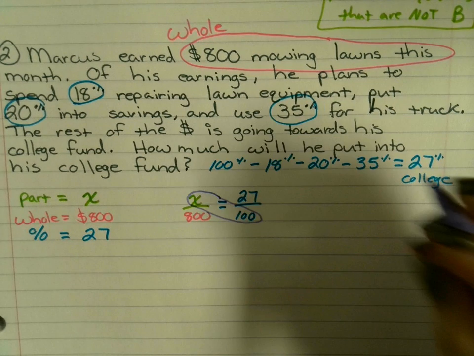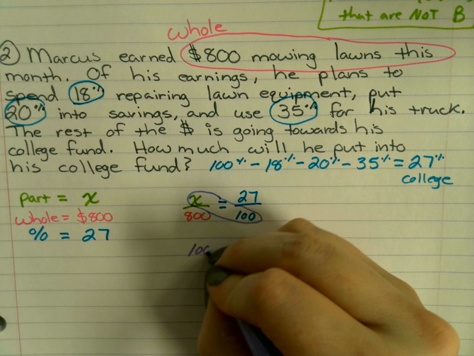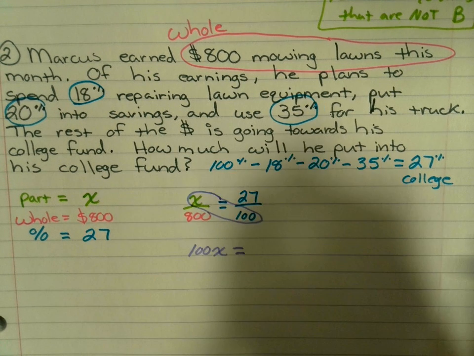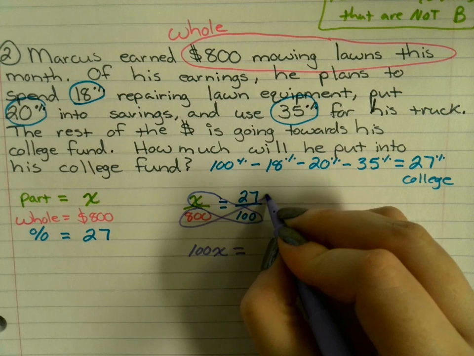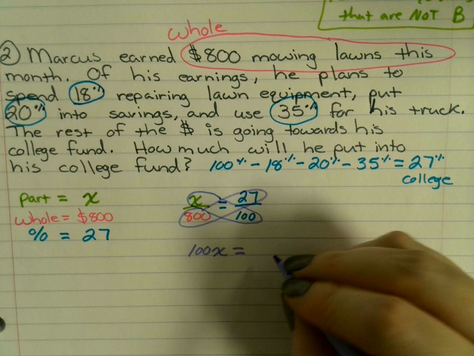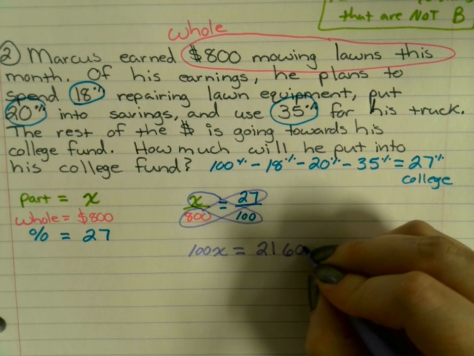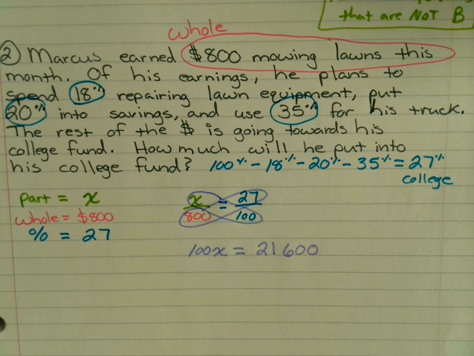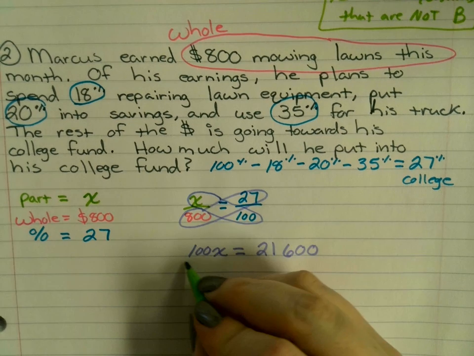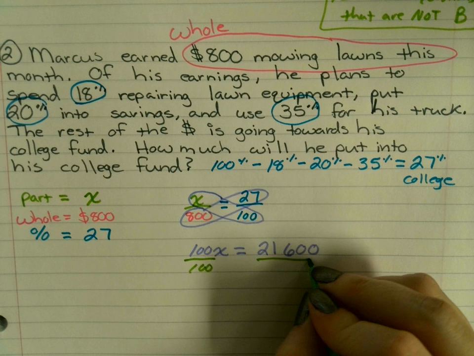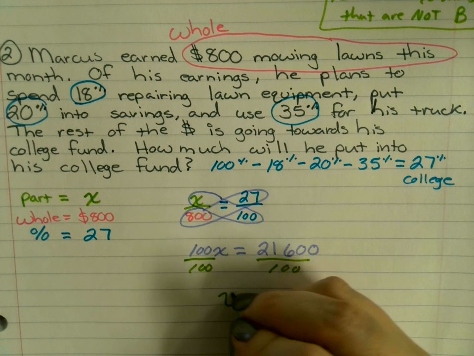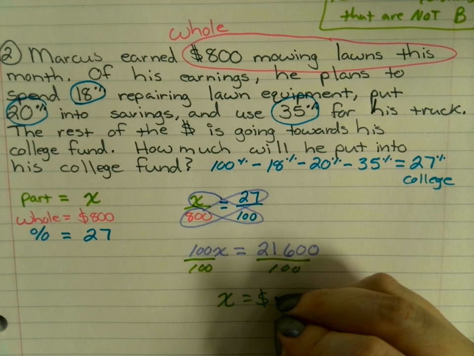That's going to give us 100x. Then we're going to multiply 800 times 27. That's going to give us 21,600. And then all you have to do is divide it by 100. And he's going to save $216 for college that month.